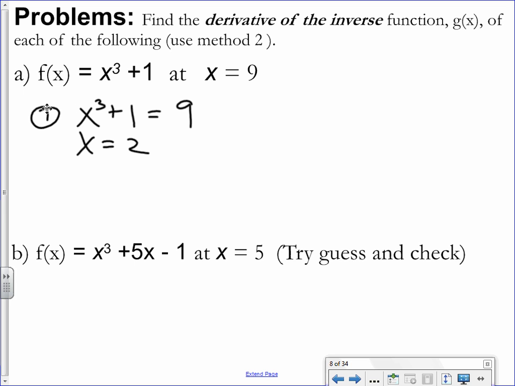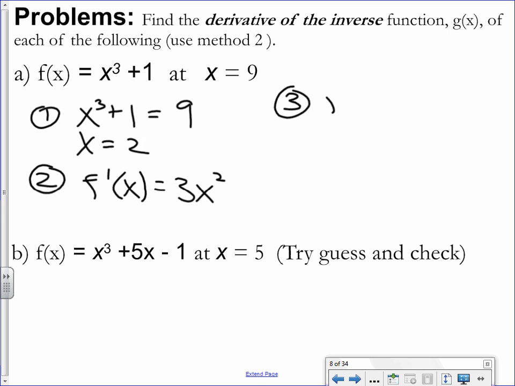Now, again, we're never going to get the inverse. We're just going to take the derivative of the original function. What does that equal? Nice. We're going to plug in the x value we got into the derivative of our original function. So step 3, we're going to take f prime of 2.